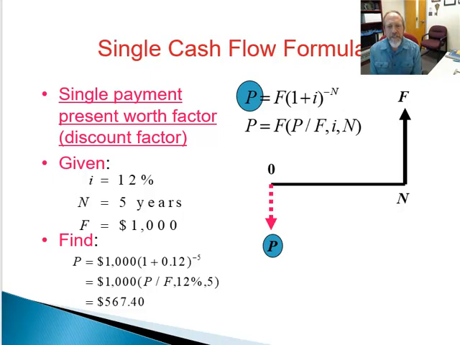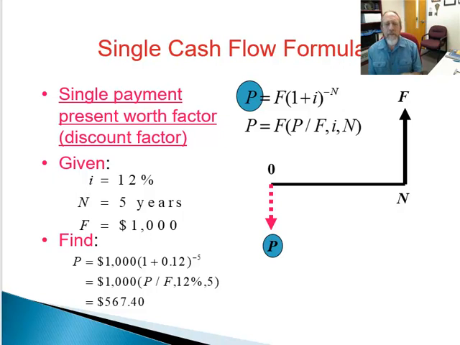You notice the annotation right there, P over F, 12%, 5. Throw in the numbers, and you find that the present value, the current principal, is 567.40.